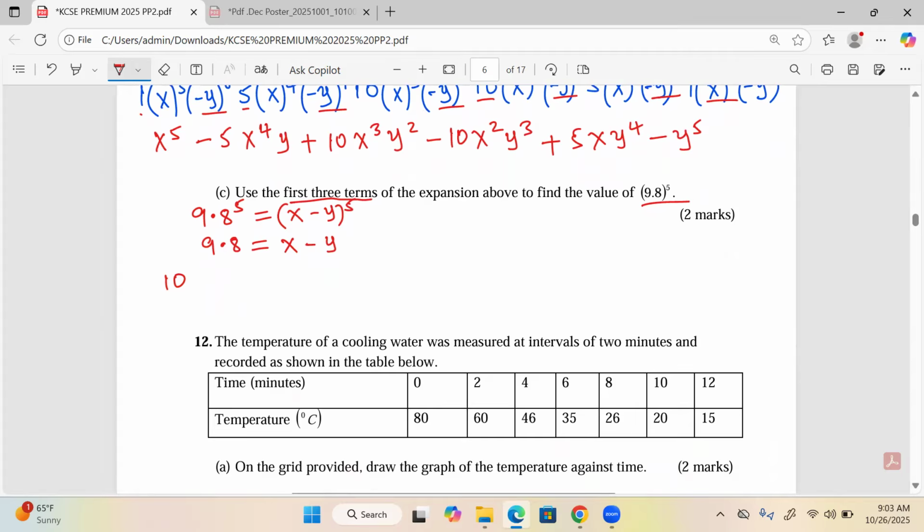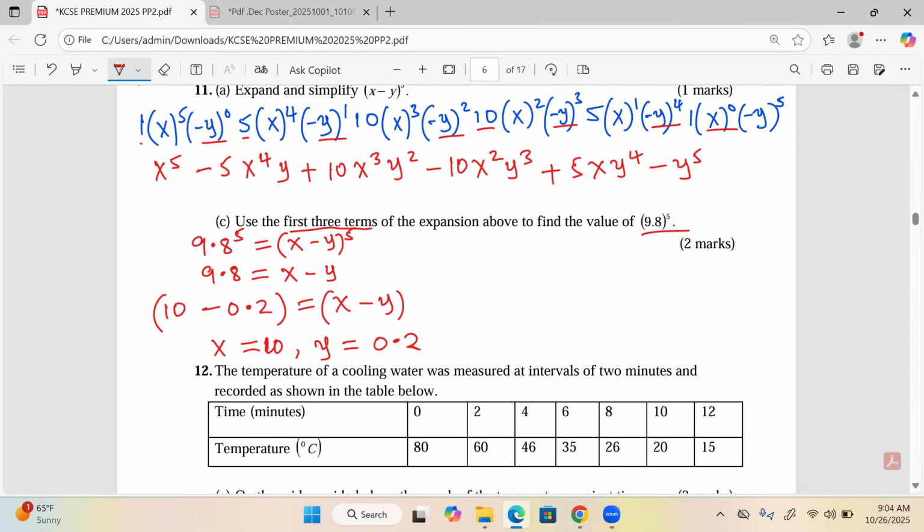So 10 minus 9.8 becomes 0.2. This is now the expression that I wanted. So with this expression now, you can say x can be treated as 10, y as 0.2, because negative 0.2 becomes negative y, like that.